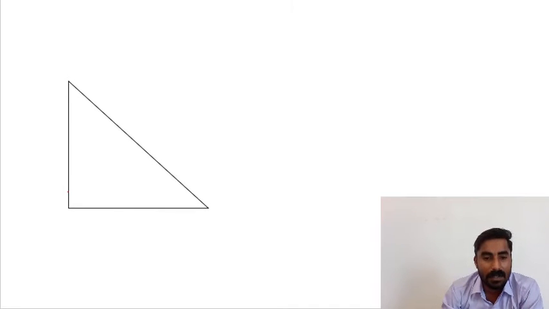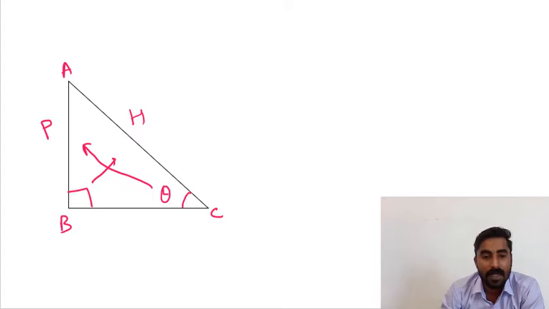Here is a right angle triangle, this is 90 degrees, and here we can notice A, B and C, and here we can assume an angle called theta. For the sides we use some terminology: the side opposite the 90 degrees is called the hypotenuse, the side opposite theta is always called the perpendicular, and the remaining side, which contains 90 degrees and theta, is called the base. So here is the representation: perpendicular, base and hypotenuse.